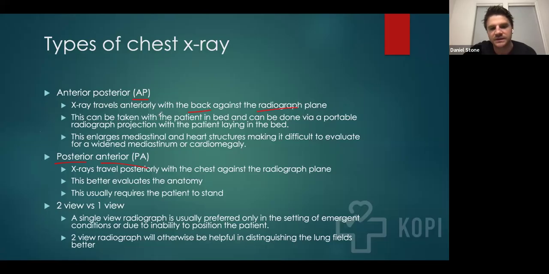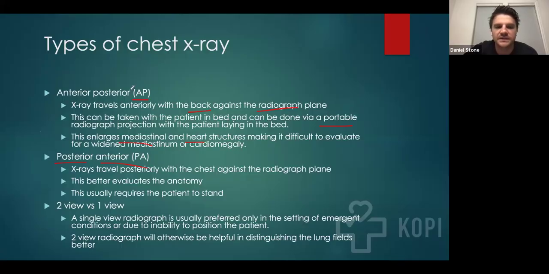So usually this means that the patient is lying in bed and that the plate is behind them. This happens with a portable chest X-ray. The AP does enhance some of the mediastinal and heart structures, making it difficult to assess for cardiomegaly, and it can also make the mediastinum seem widened.